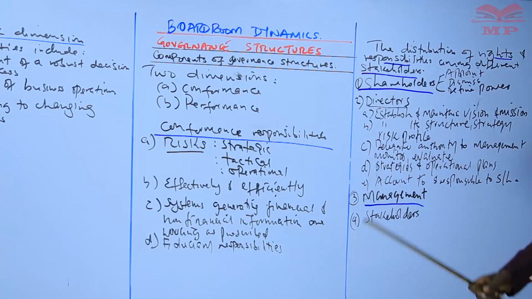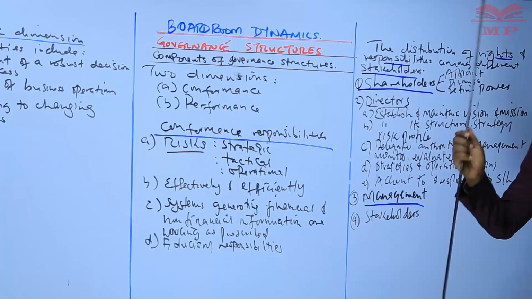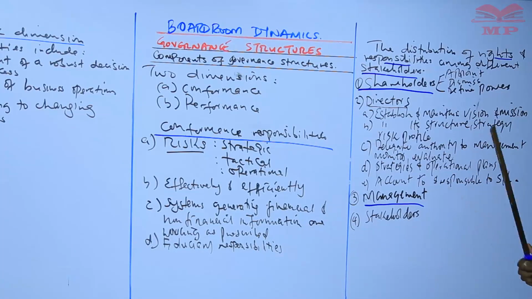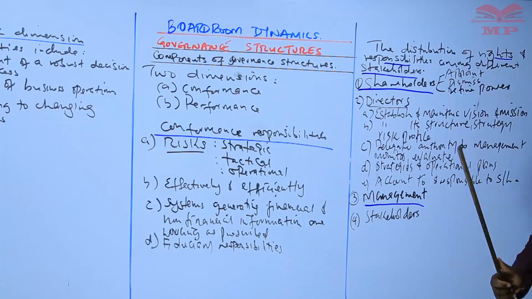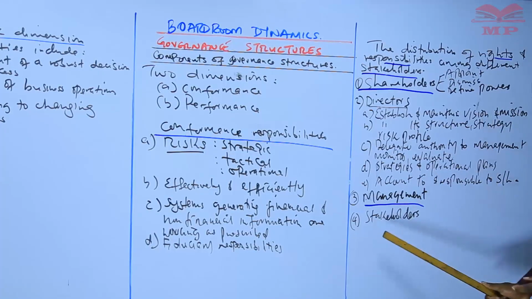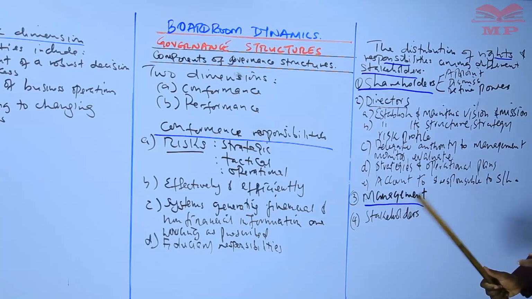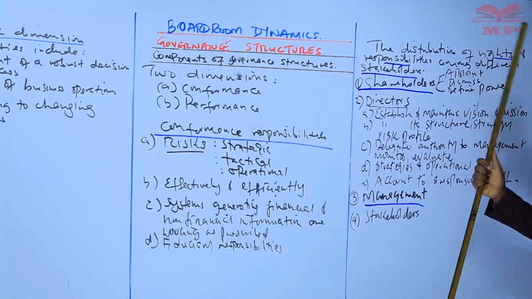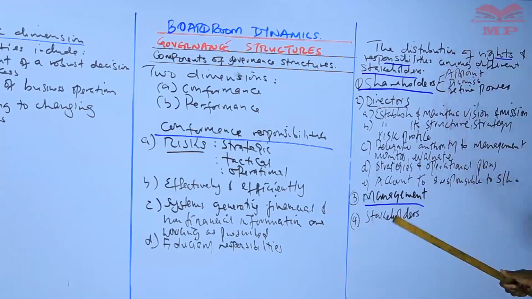These are the suppliers, the local communities, the government, and also we have the financiers, the investors. All these stakeholders may have a part to play as far as the fulfillment of the strategic objectives of the company is concerned.